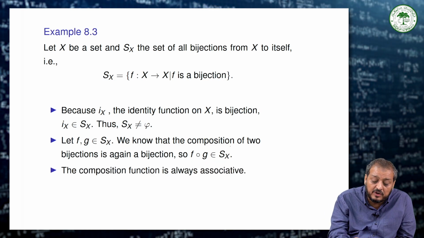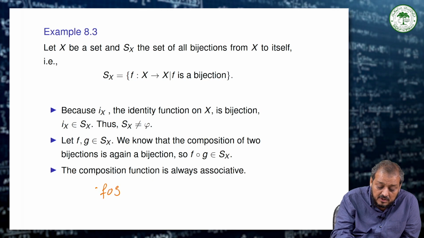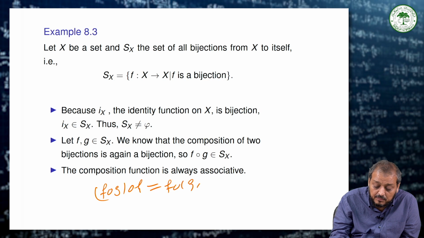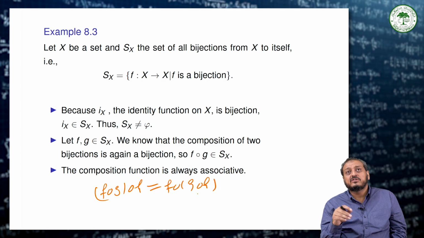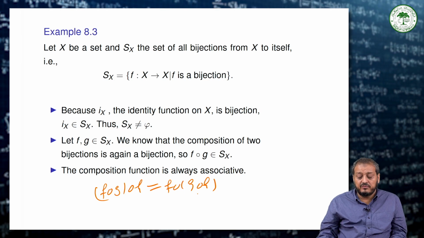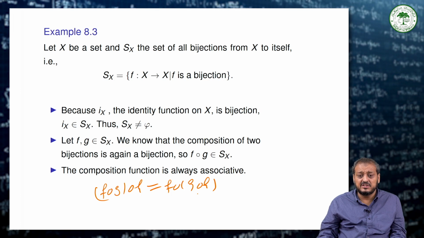Now composition of functions is always associative. We can easily prove that (f∘g)∘h is the same as f∘(g∘h). So associativity holds in general.